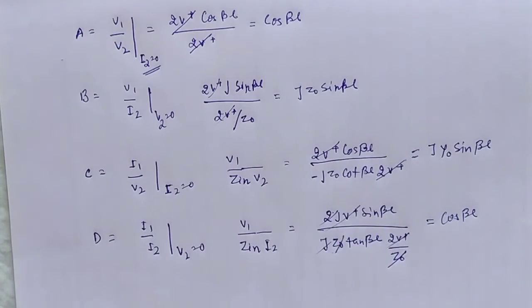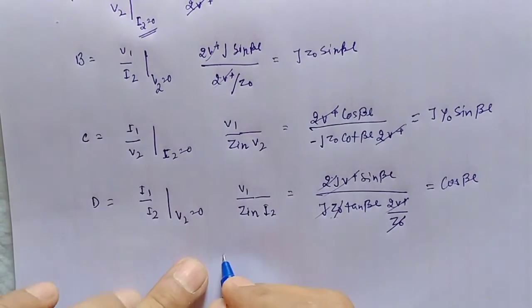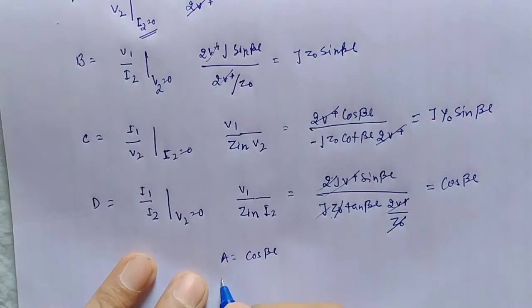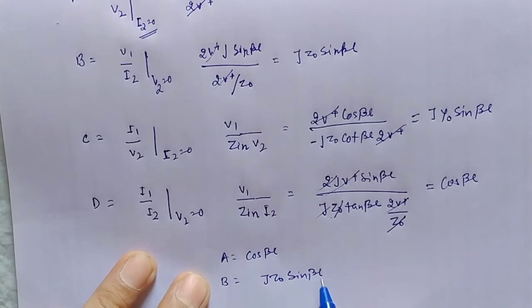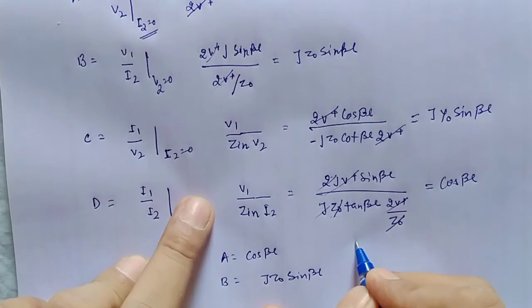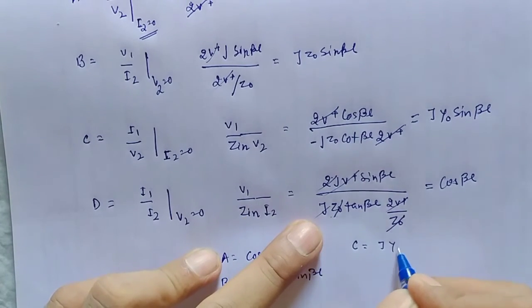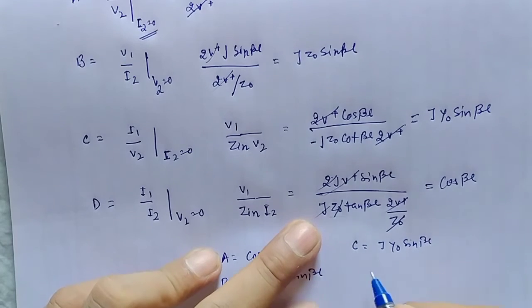So from here, I can write the ABCD matrix. A is equal to cos βL, B is equal to jZ0 sin βL, C is equal to jY0 sin βL, and D is equal to cos βL.